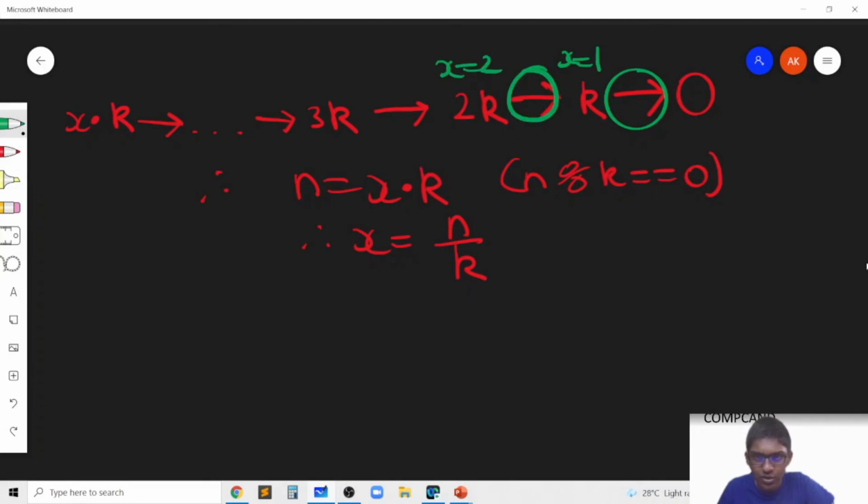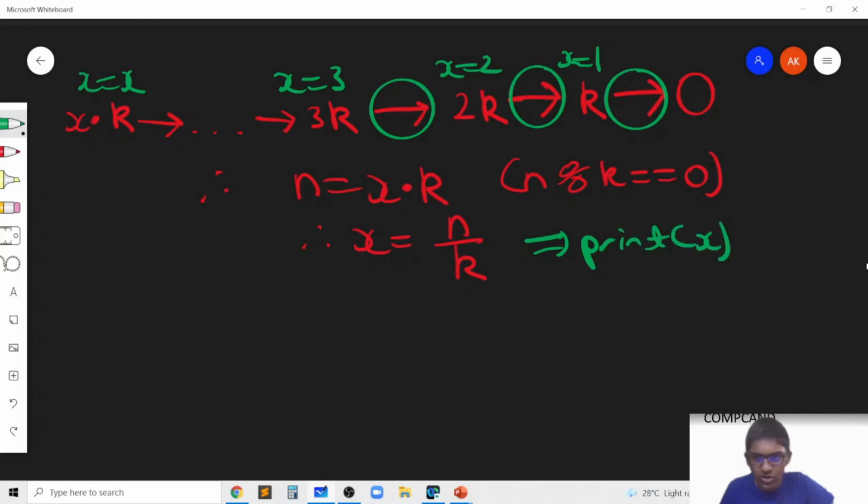That means we require two operations. When x is 3, there are three arrow signs. And in general, when x is any number, we have a total of x arrow signs. And that's why the number of operations is just x. So we'll just print x, which is n by k. That's all that we need to do.